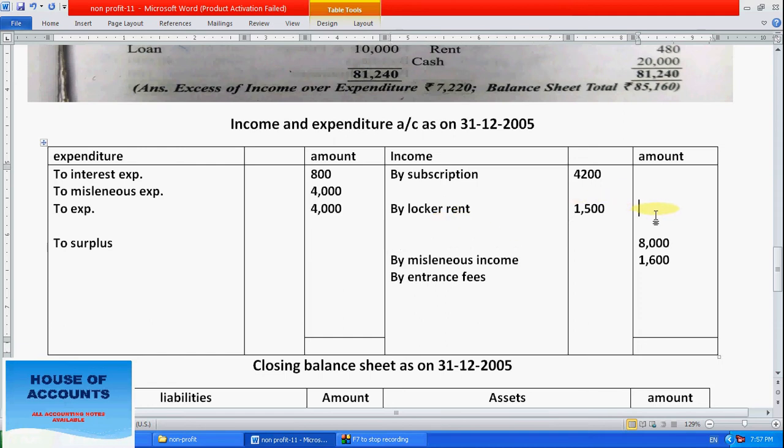So deduct last year's outstanding, 480, and write it in brackets.